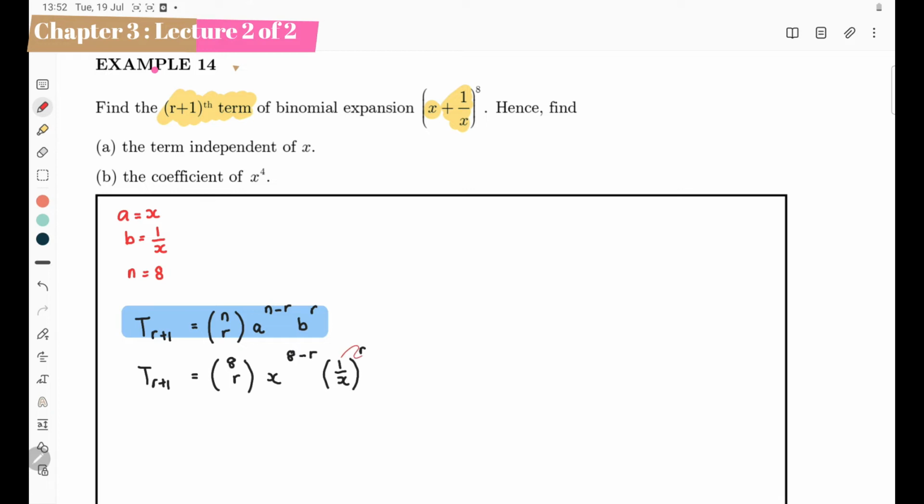We have to rewrite 1 over x as x to the power of -1 in order to simplify the x.